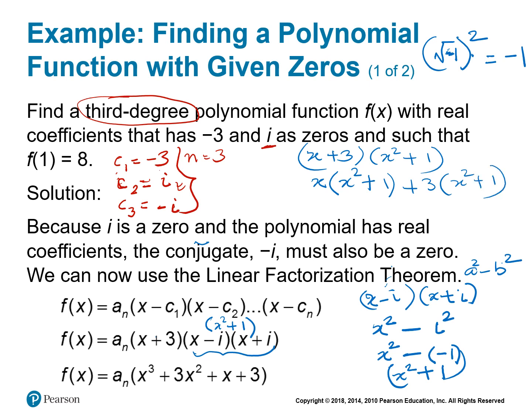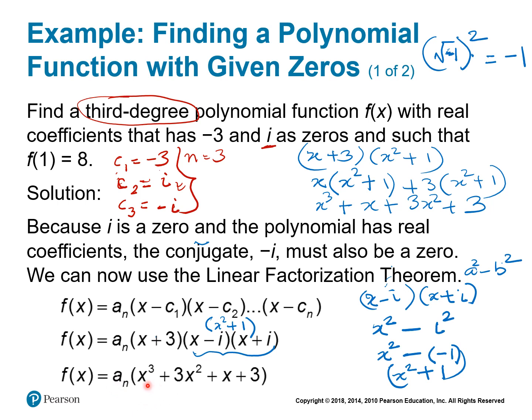So we'll have x cubed plus x times 1 is x plus 3x squared plus 3. All right, and that's what they got here after they put the terms in proper order. They got x cubed plus 3x squared plus x plus 3, and then the a sub n stays here.